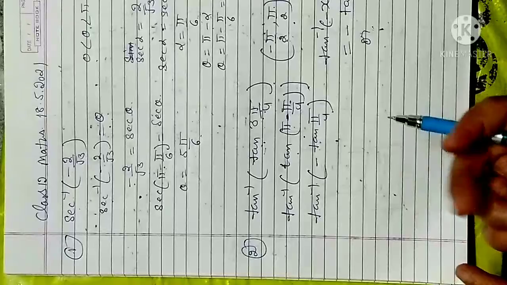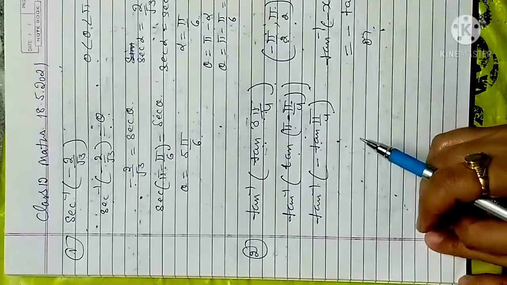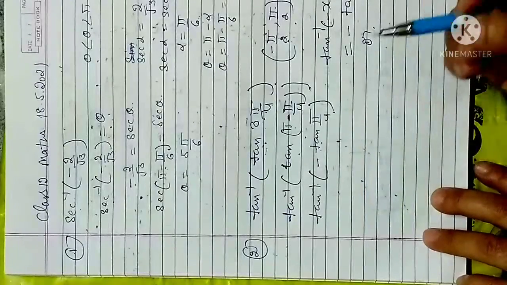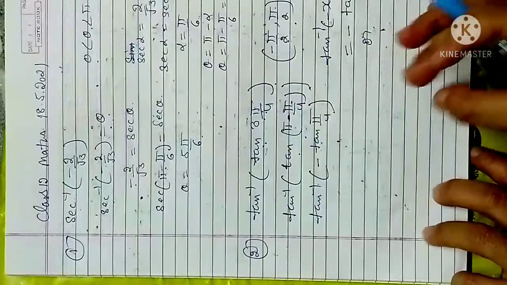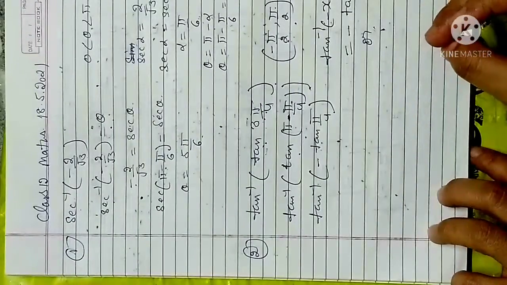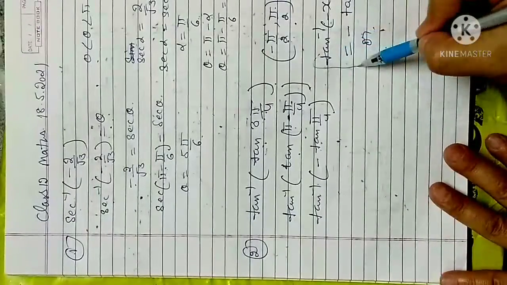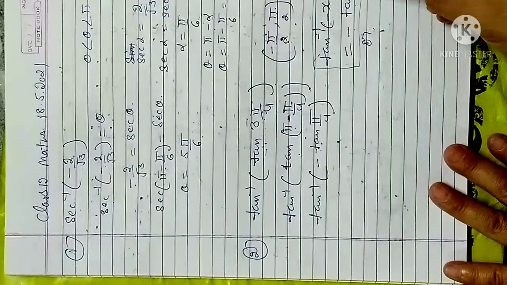It lies either in the second quadrant or the fourth quadrant. I told you before that if the angle is negative, except cos and secant, all terms you have to find from the fourth quadrant. But instead of going such a long way, I have a simple option: tan inverse of minus x is minus tan inverse x.